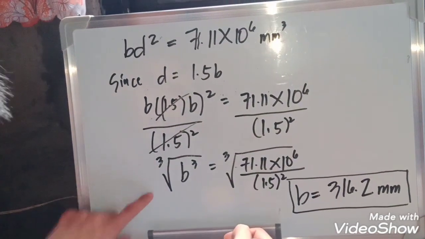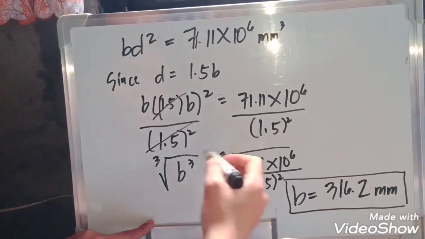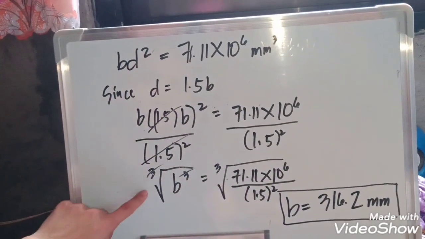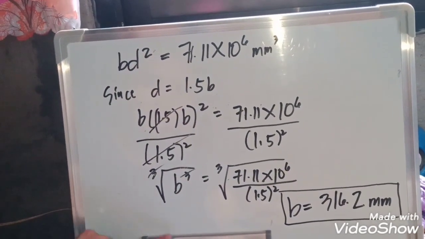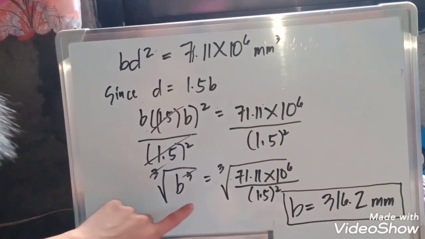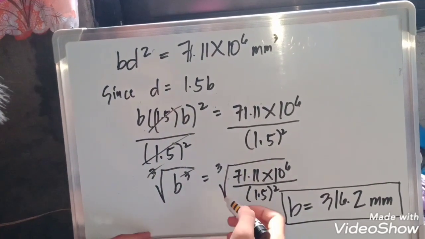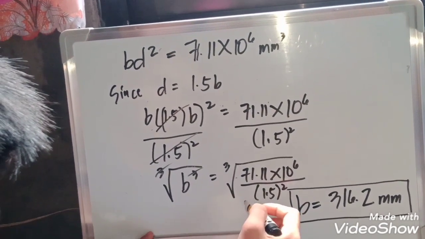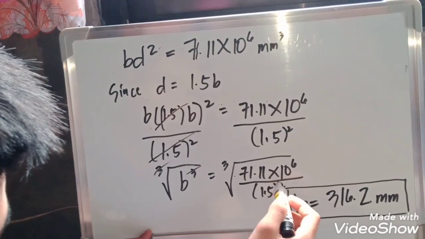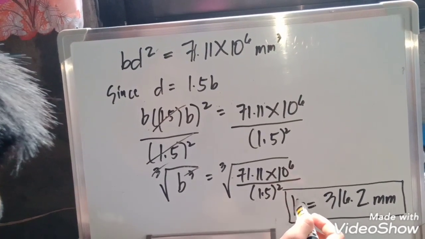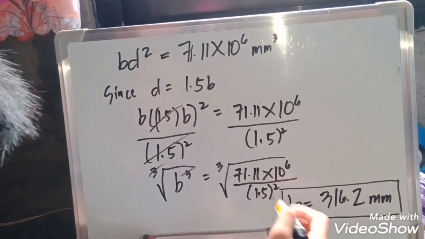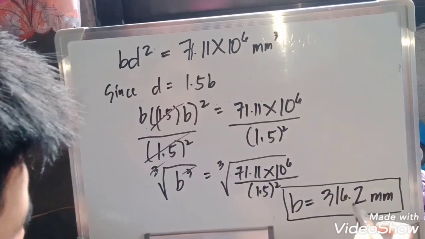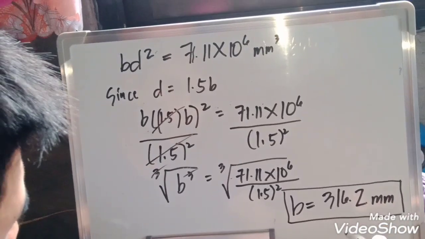So we can cancel the cube root, and the remaining is only b, resulting in the cube root of 71.11 times 10 to the power of 6 divided by 1.5 to the power of 2, and we can get 316.2 millimeter.